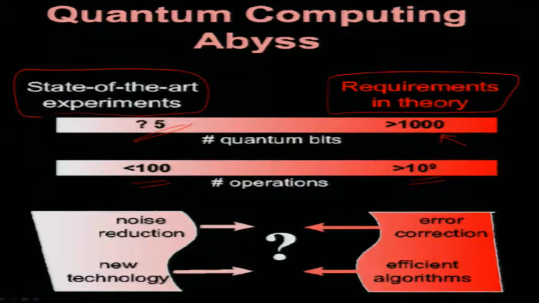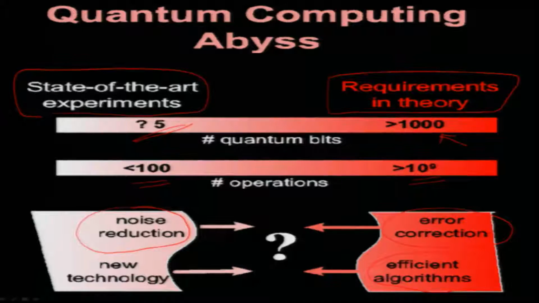The key issues where we are stuck in our developments are noise reduction and error correction. A lot of effort has been given to this, along with efficient algorithms, and also to one very important point which we have not mentioned, although it is perhaps clubbed into noise reduction, which is loss of coherence, or decoherence.